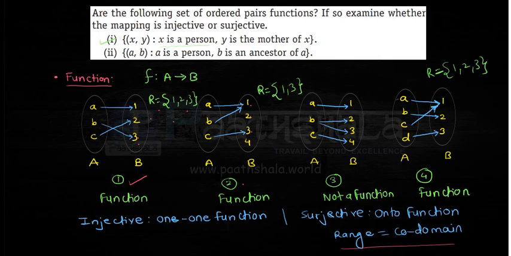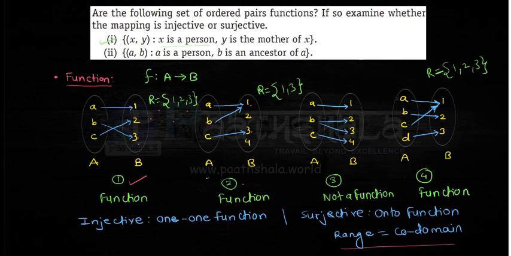So x can be anyone, and anyone has a mother in codomain. There is no person left without a mother in codomain, because y is the mother of x. Two persons can have the same mother as well, so the function can be many to one.